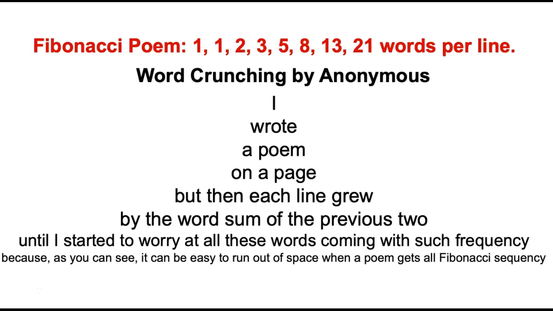Here's a Fibonacci poem. It's titled Word Crunching by an anonymous author. Notice here that our first number in the Fibonacci sequence is a 1, and it's associated with the number of words in the first line, and that is only one word, I. The next line continues the sequence with the word wrote.